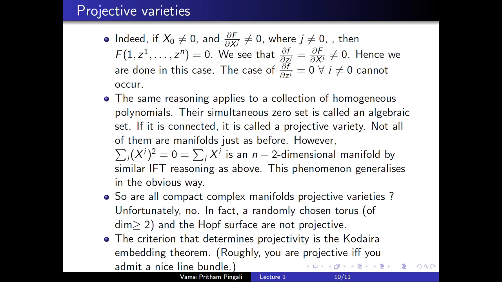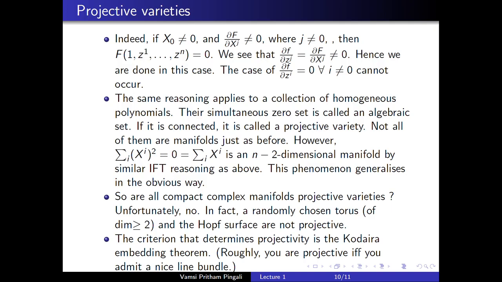So to produce compact examples, we came up with three standard ones: tori, Hopf surfaces, and projective space. And then we came up with subsets of projective space, which are submanifolds. It's not very difficult to come up with such subsets. You take homogeneous polynomials and set them to 0, such that a derivative condition is met.